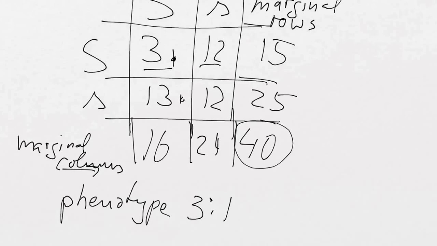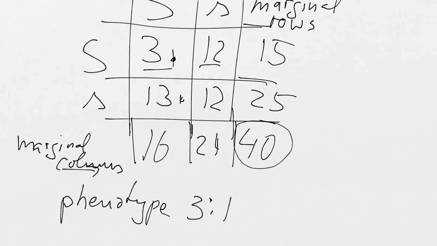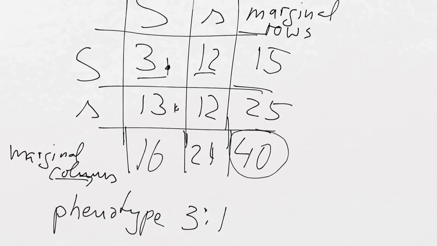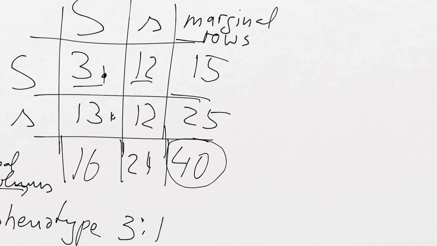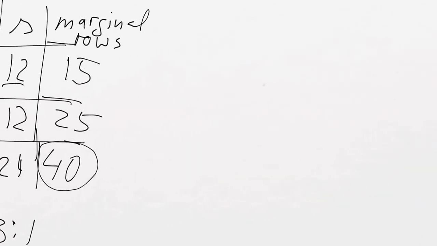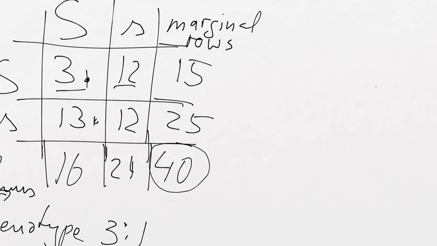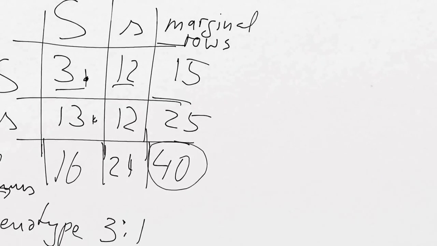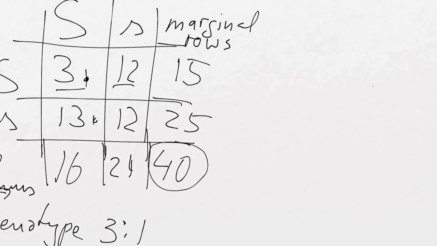And that is exactly what we can investigate with our chi-square test. So what we can do is the exact same thing for expected numbers, and I do that in red.